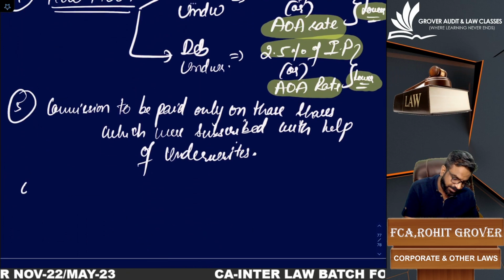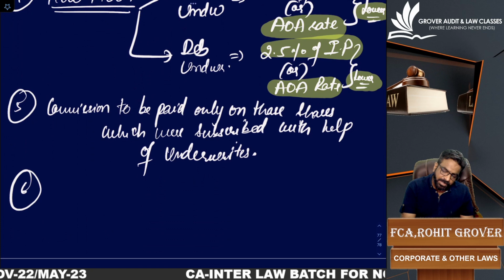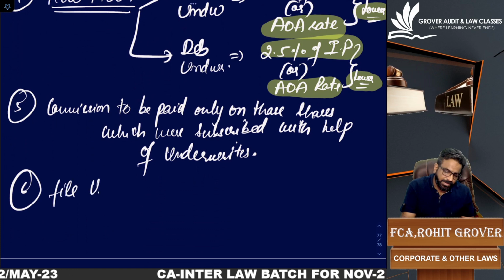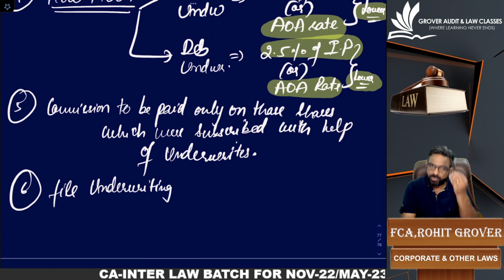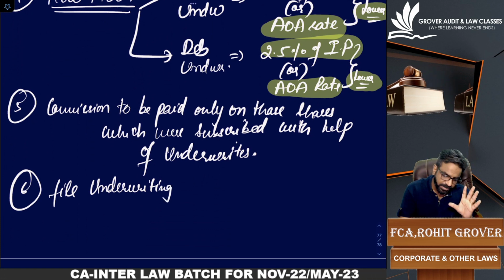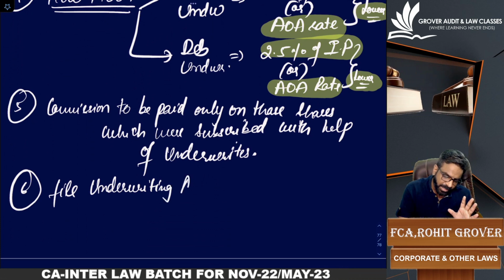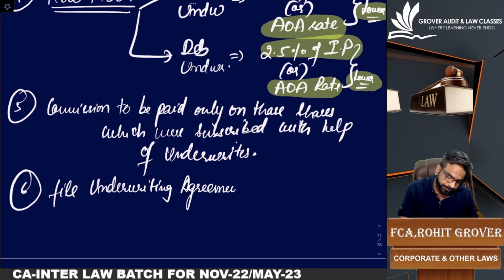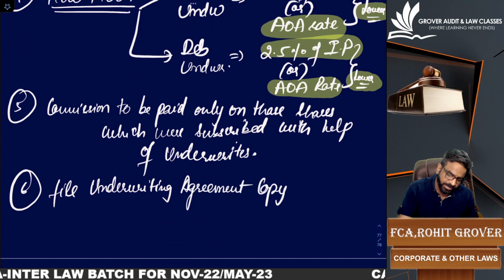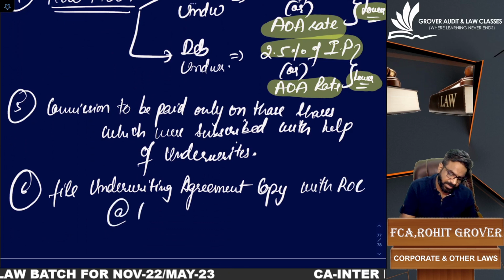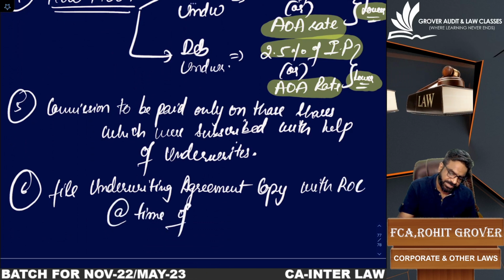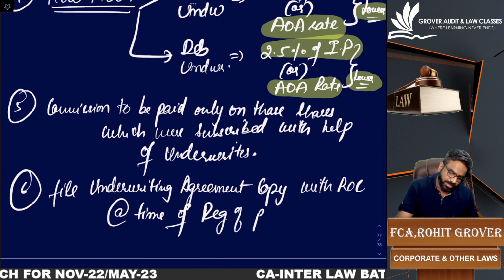And point number 6, everyone, the last point. File the underwriting agreement copy. Who will demand this copy? You all know, who is the father of all these things? File the underwriting agreement copy with the ROC at the time of registration of the prospectus.